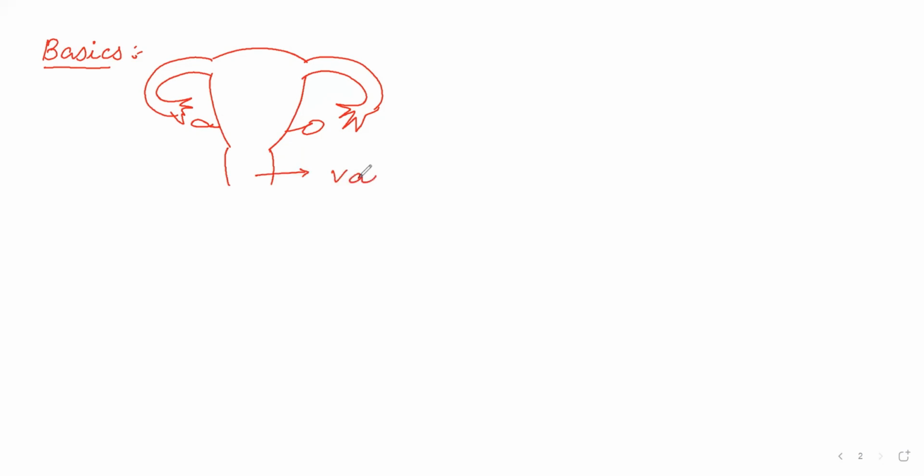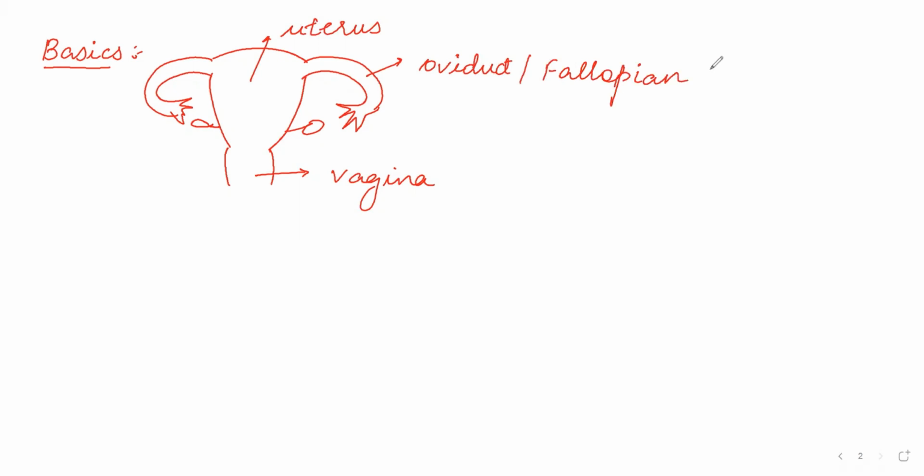The lowermost part, which is called the vagina, then the womb, which is called the uterus, the tube, which is called the oviduct, also referred to as the fallopian tube, and then this main sex organ, the oval shaped ovary.